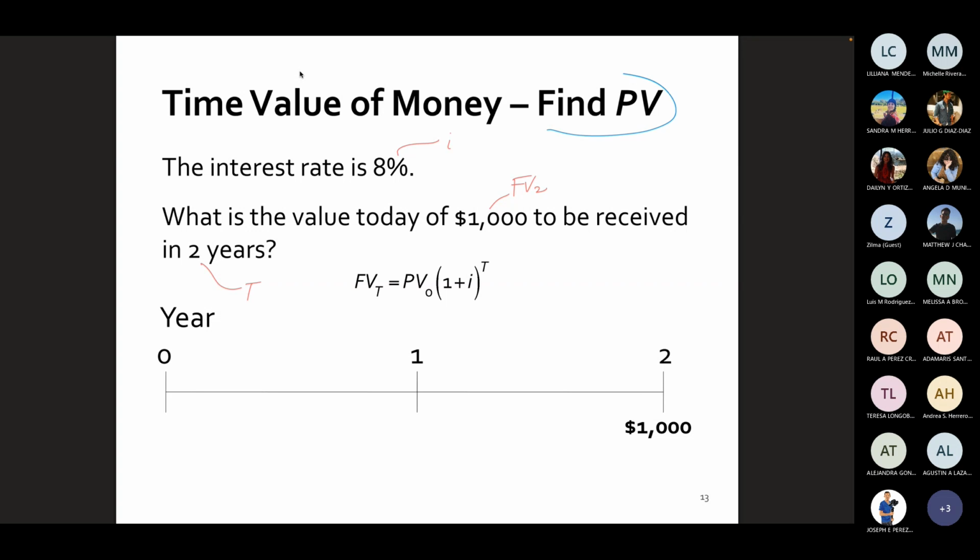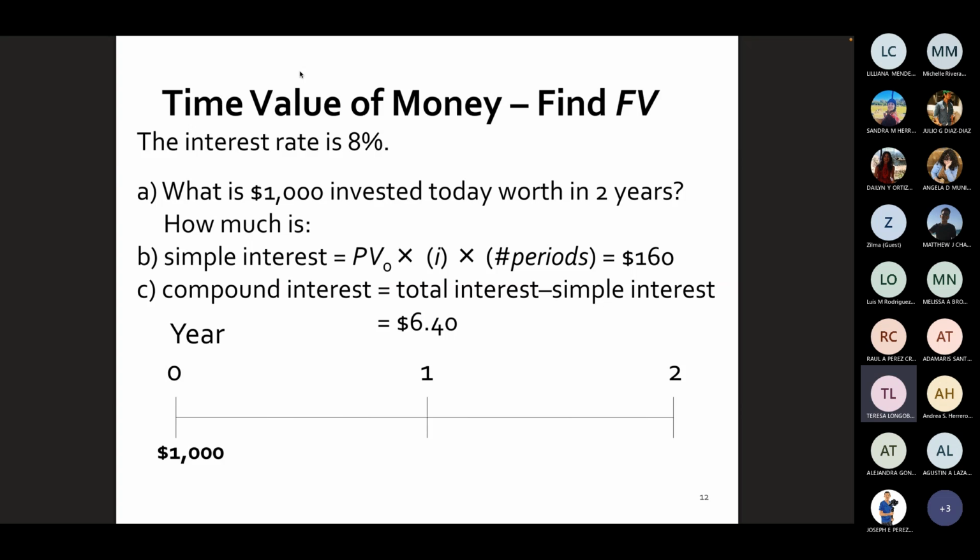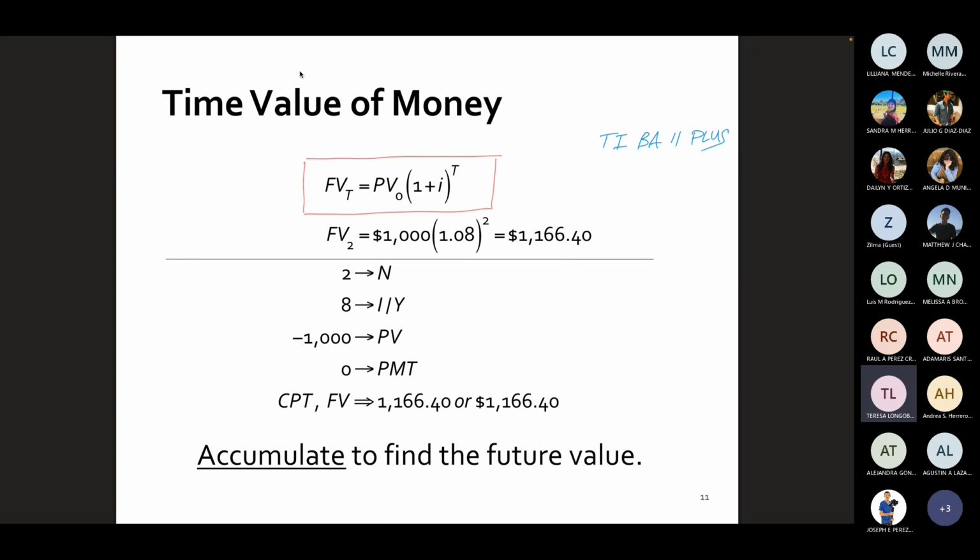Present value. Right. So the relationship can be exploited. There are 4 variables here. If I know the other 3, I can find 1. So the first problem was the basic time value of money relationship where I know all of these on the right, so I can find the future value. I accumulate to find the future value.